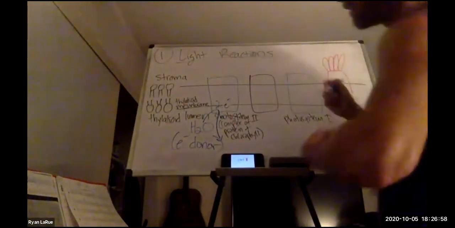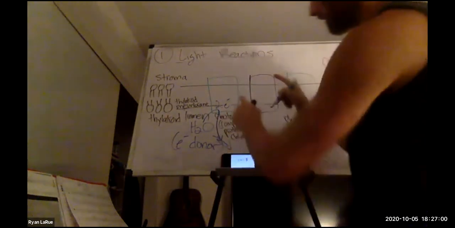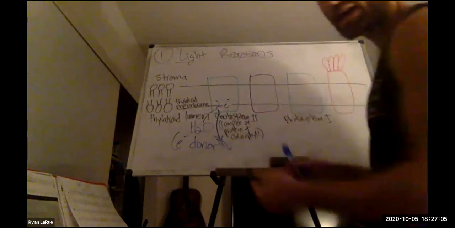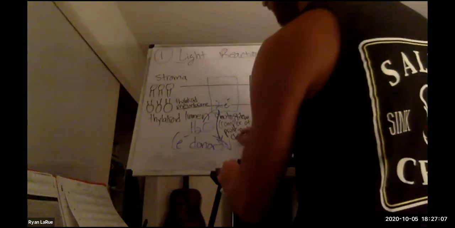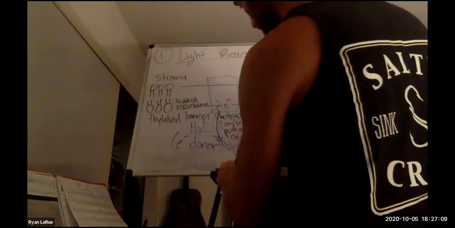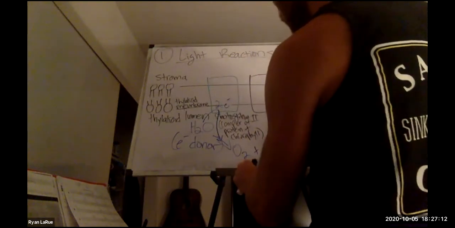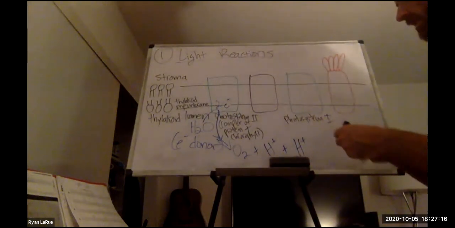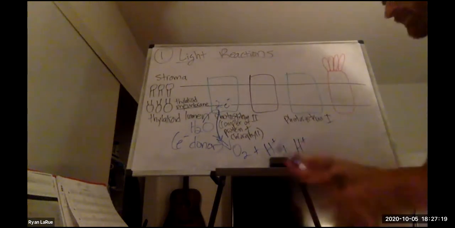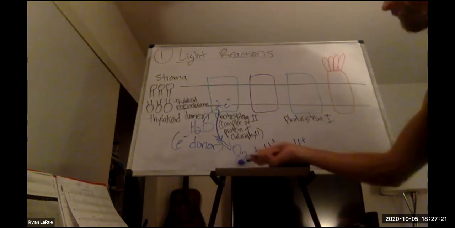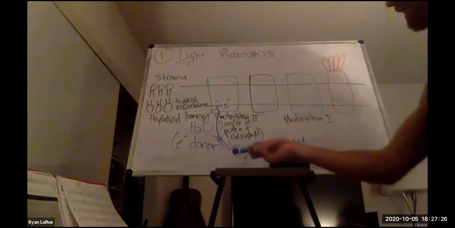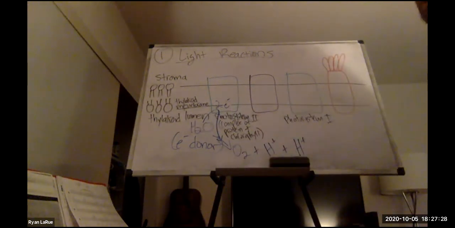And so once water donates these electrons, it's actually split and comes apart to become oxygen and 2 hydrogen ions. And of course, to be picky, it's half an oxygen, but 2 halves will combine and become the oxygen gas that is going to be released.